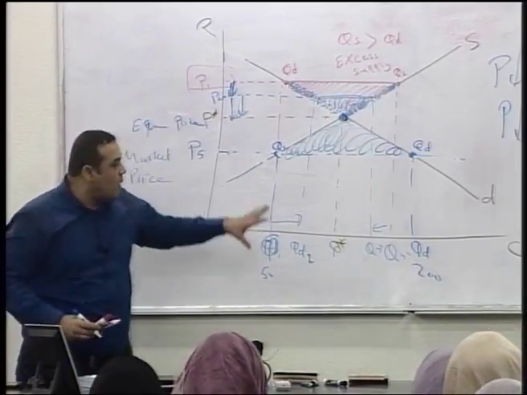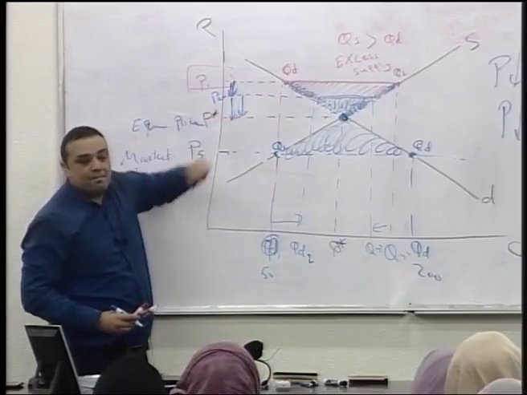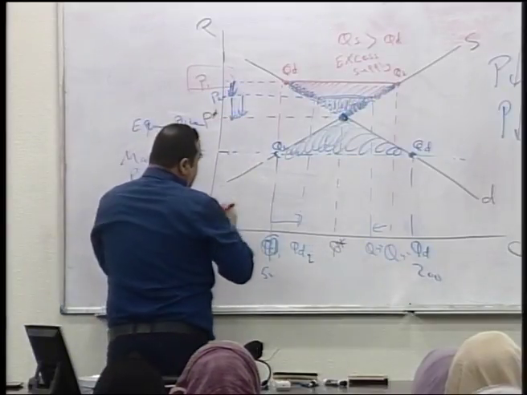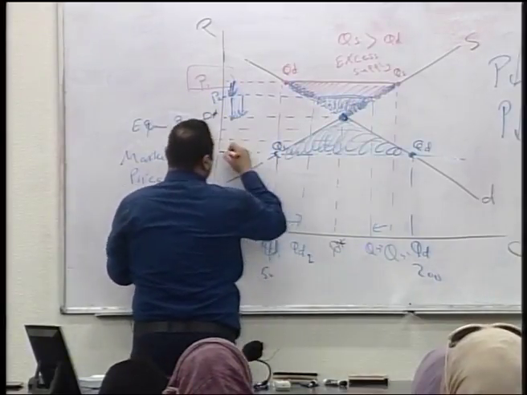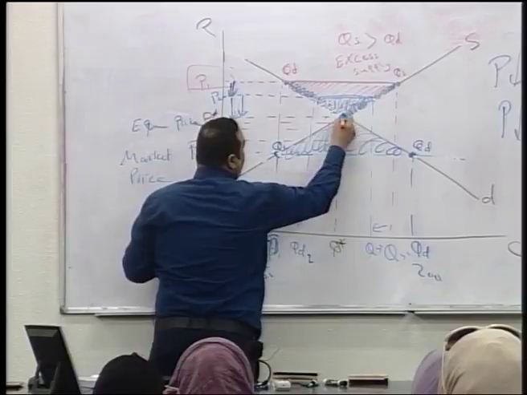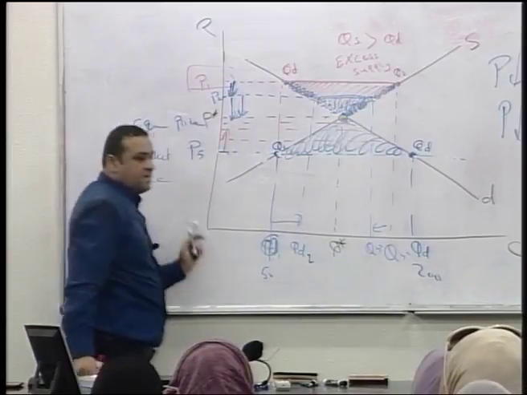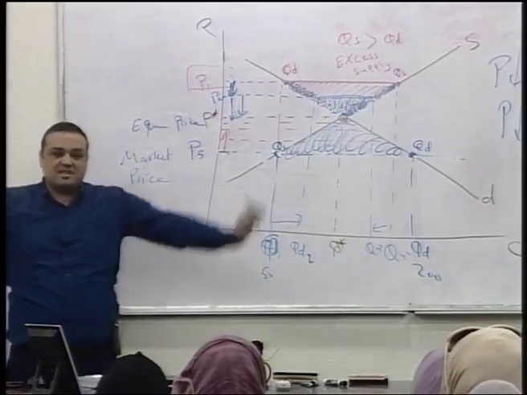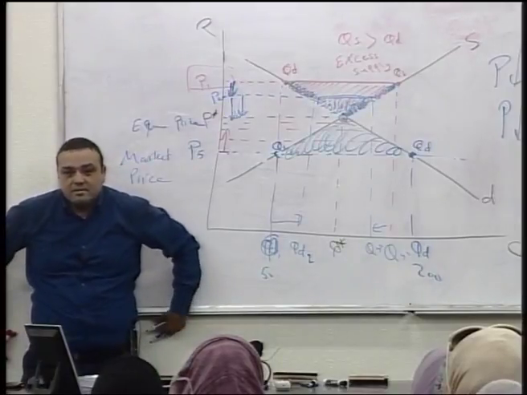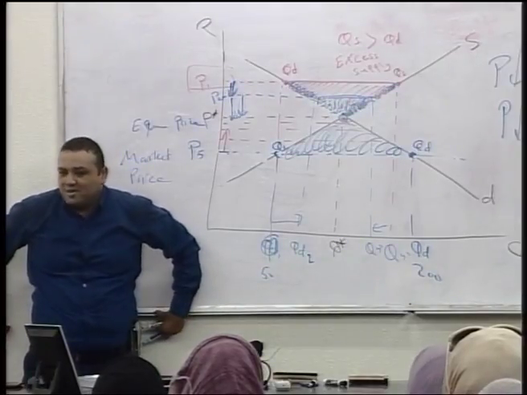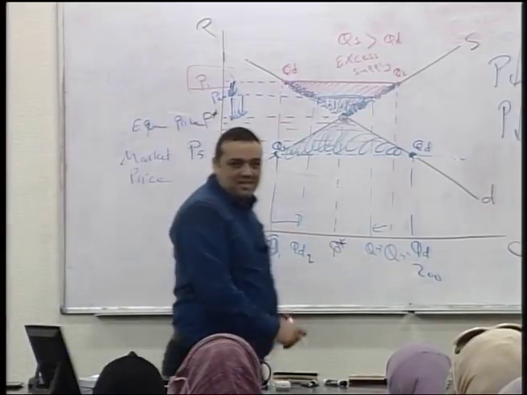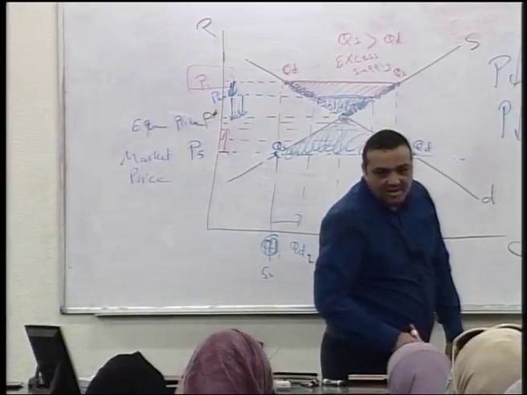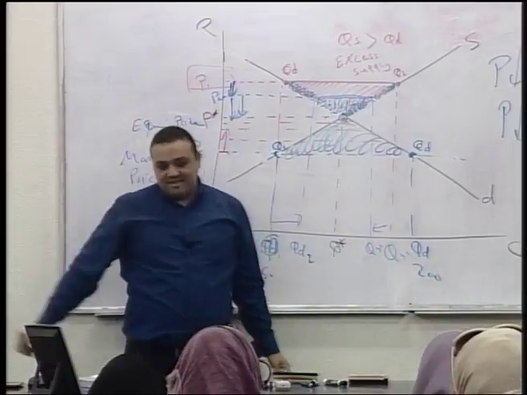What will happen? The price will go up. بضل البرايس يطلع until the equilibrium is restored. That's it. Okay? Understood or not? Okay. Let's take a break just for 1 minute and complete.